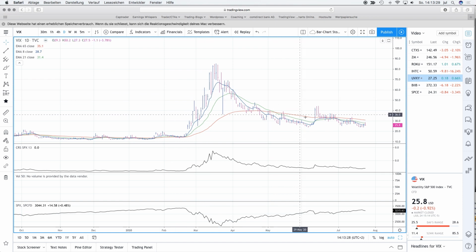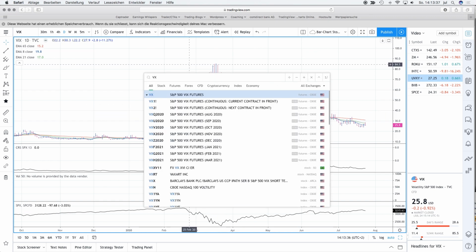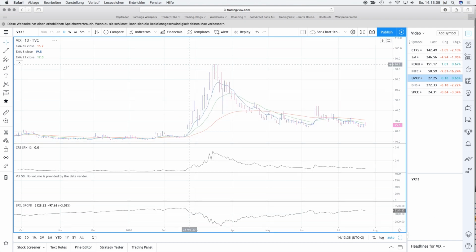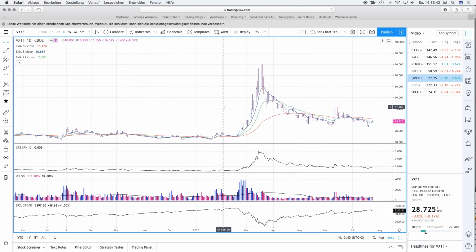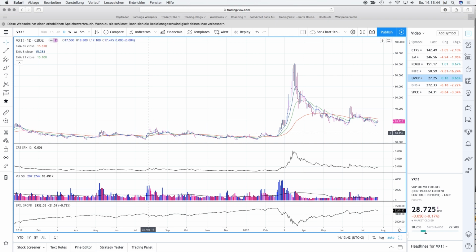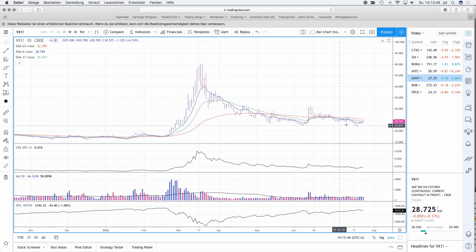But you can see it, you can compare it, UVXY versus here the VIX, or if you take the future from the CBOE here, it's the same. You can see the counter moves are very, very strong, and it's very hard to make money by shorting it over the long term.